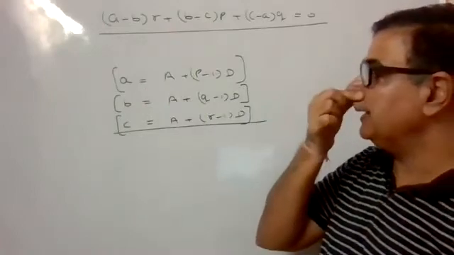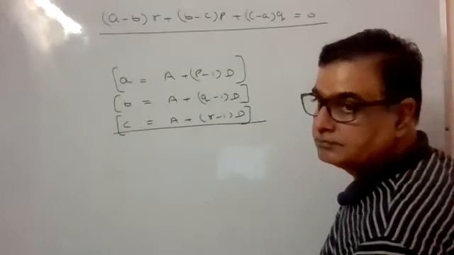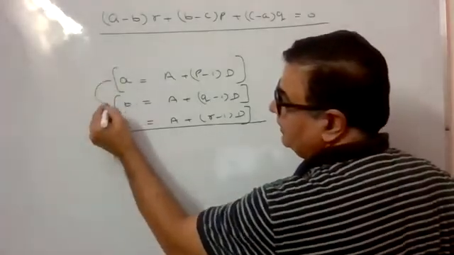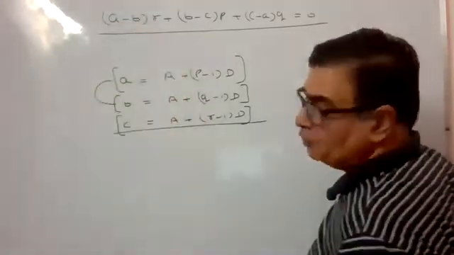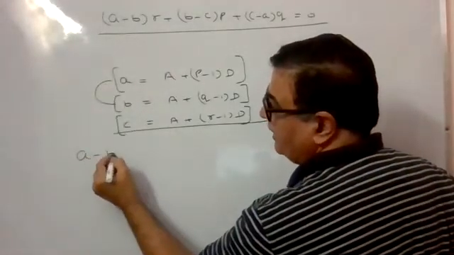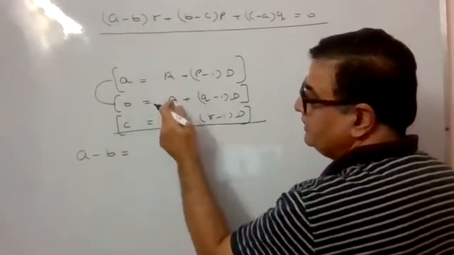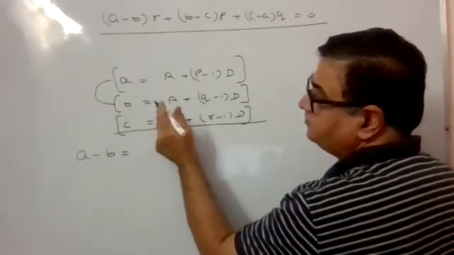Yes, tell me how to do it? First subtract these two, because you need a minus b. So if I take these two equations and subtract, what will come? a minus b. Here a cancels with a, yes.